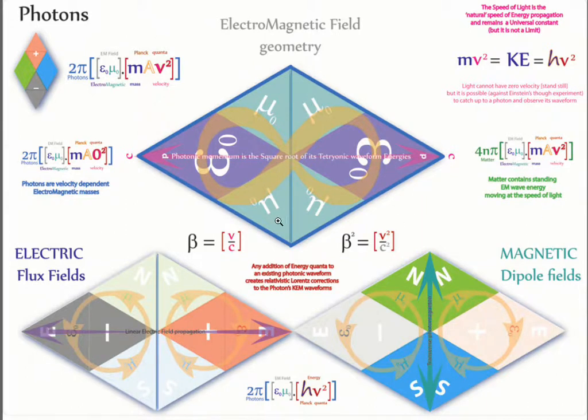And again, similar to the linear measurements of velocity against the speed of light, or the natural speed of energy, we can also measure the square energy quanta as a function of that linear velocity against c squared, to give us beta squared as well. It'll become clearer what the relationship is between the Lorentz factors, or velocity correction factors, and wavelength and frequency.